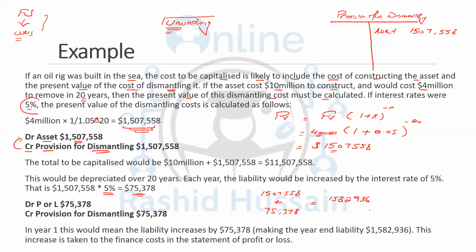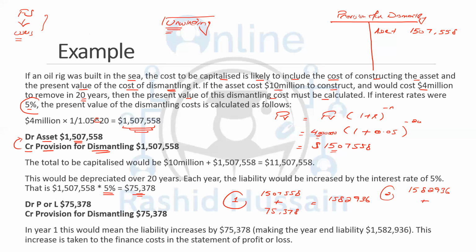Then again in the second year, you're going to take 15,82,936, and then add the 5% of it. Then again in the third year, whatever the figure is, you're going to multiply the 5% to it and then add that 5%. When you do this systematically, by the end of the 20 years, this figure will automatically reach 4 million or 40 lakh.